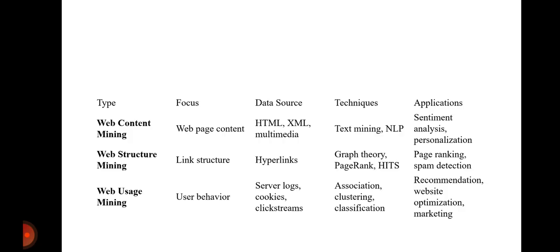Sentiment analysis is the process of computationally identifying and categorizing opinions expressed in a piece of text, especially in order to determine the writer's attitude towards a particular topic or product. So it is a process of using natural language processing and machine learning to automatically determine the emotional tone of a piece of text, classifying it as positive, negative, or neutral.